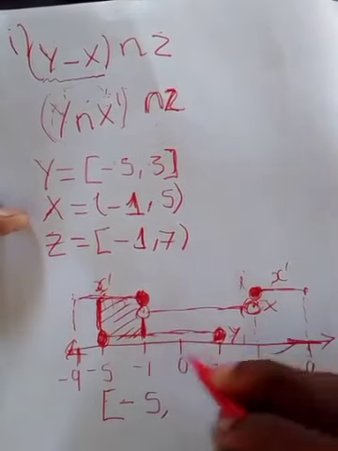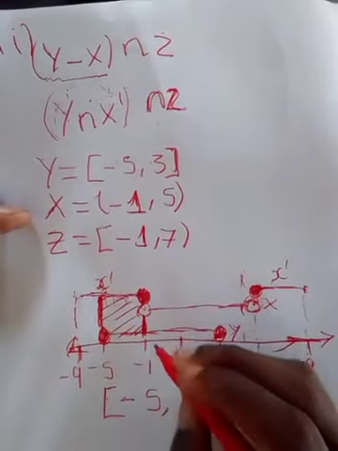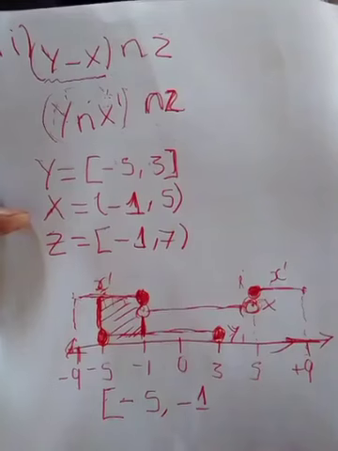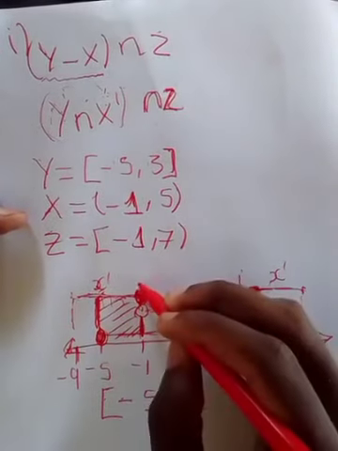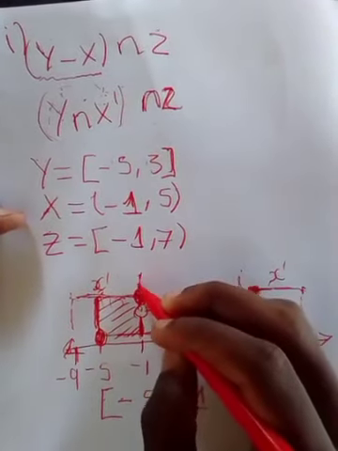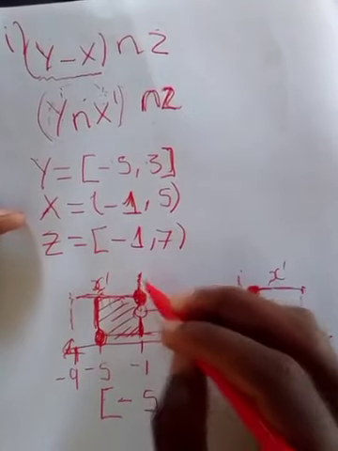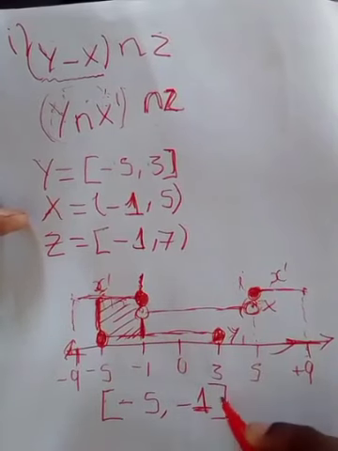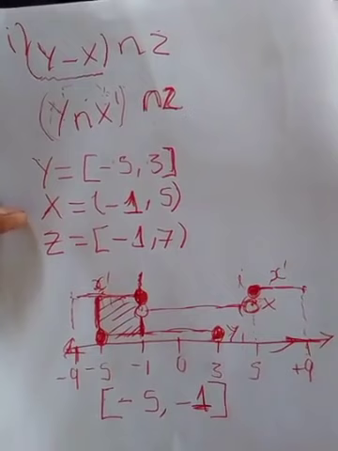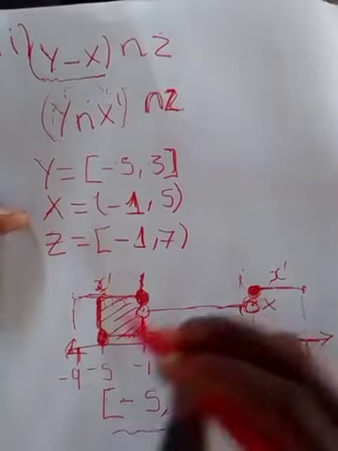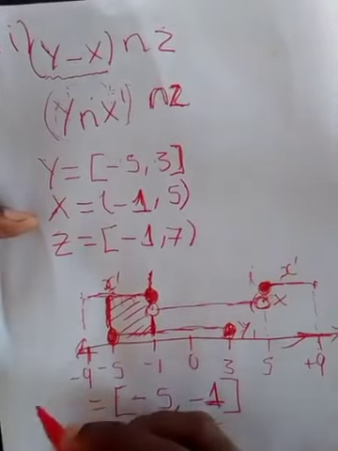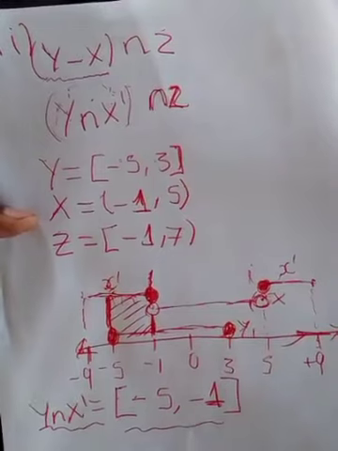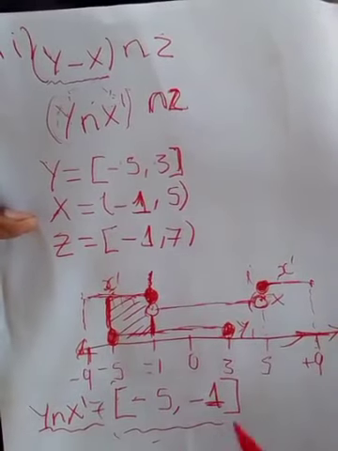When you look here, it is shaded, right? So you're going to have the square bracket. So right now you have just found y intersection x complement. Now you're going to plot this alone. You're going to plot it being intersected with z.